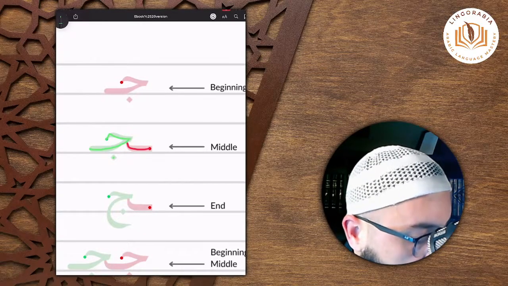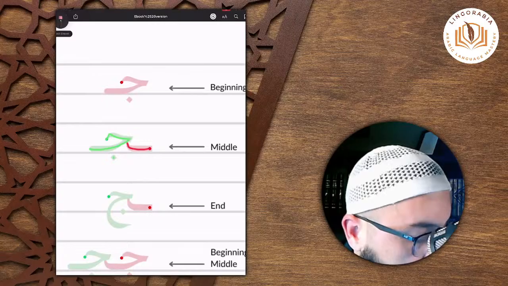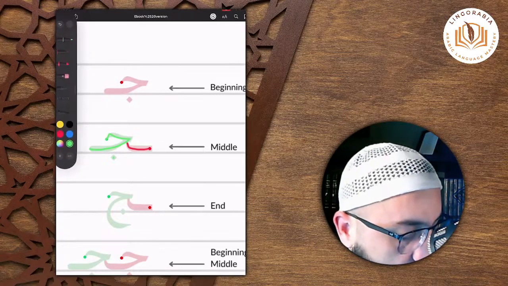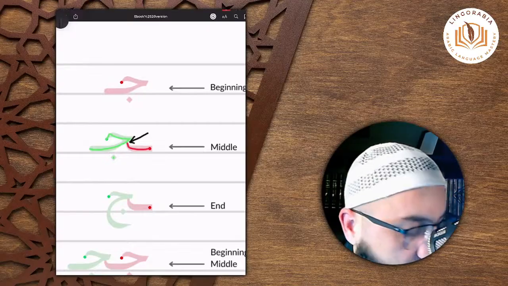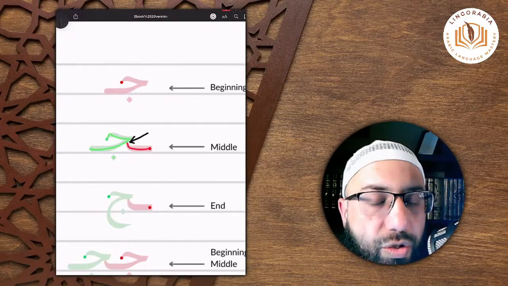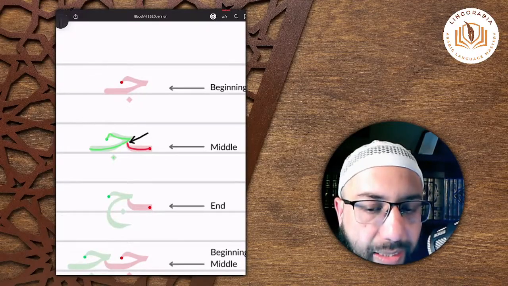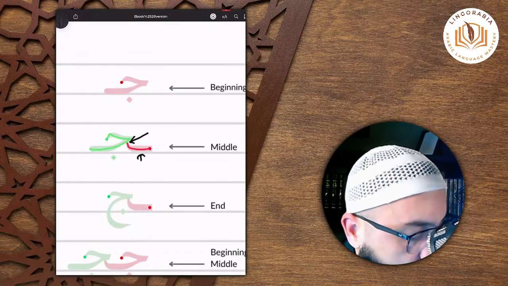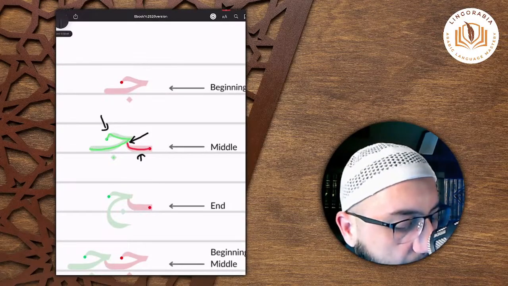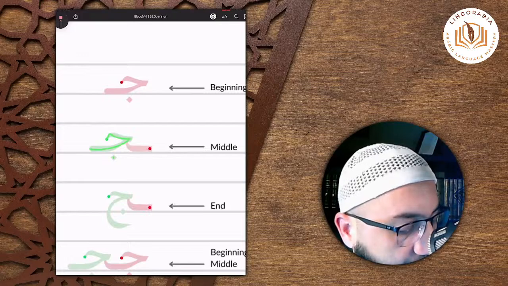This is the point where you have to connect the letters. Sorry, the lines. Yes, also the letters, but the lines. You have to connect the lines, but also the letters, because this is another letter and this is the jim.